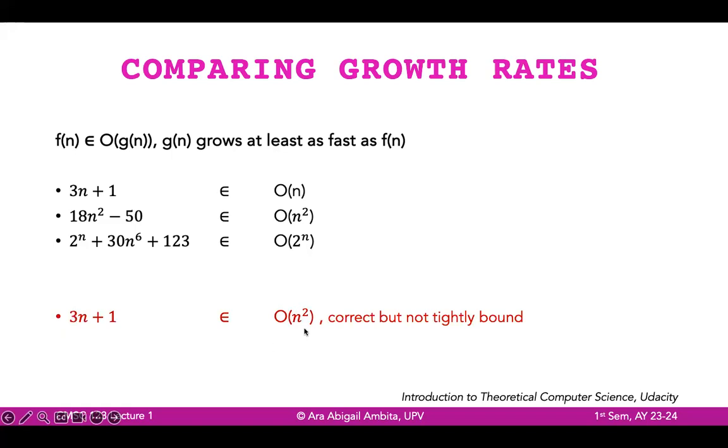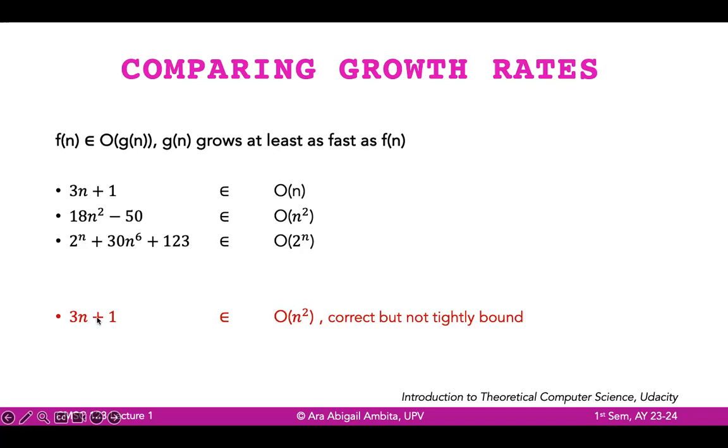So what about this one? 3n plus 1 is also being bounded by O of n squared. So that is true, right? Because if we remove all these constants, 3 and then 1, we'll be left with n. And n squared grows at least as fast as n.